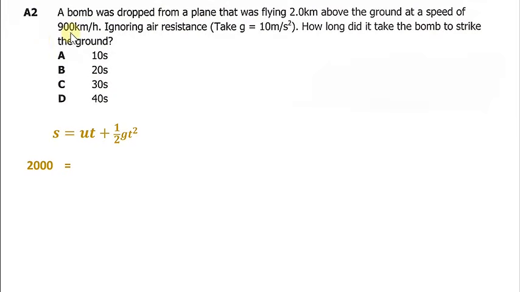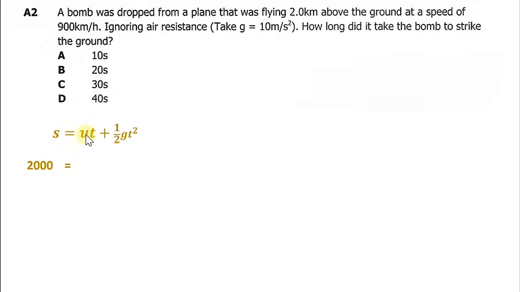This can confuse you into thinking that this is the initial velocity, but it's not, because the plane is moving this way, then the stone is dropping that way. As far as vertical velocity is concerned, at the point it was dropped, it was 0.